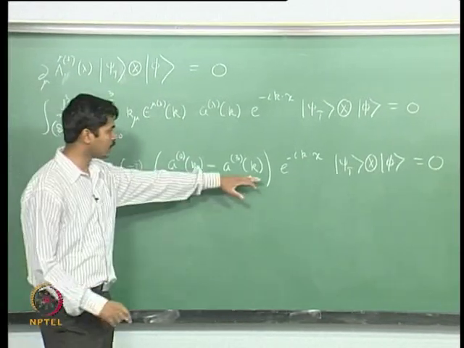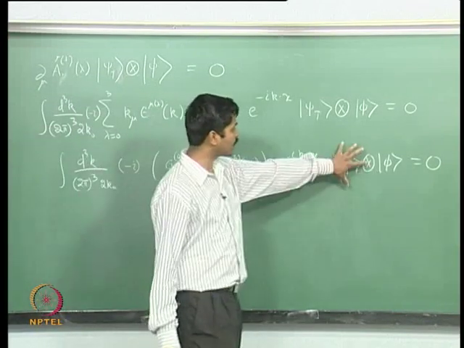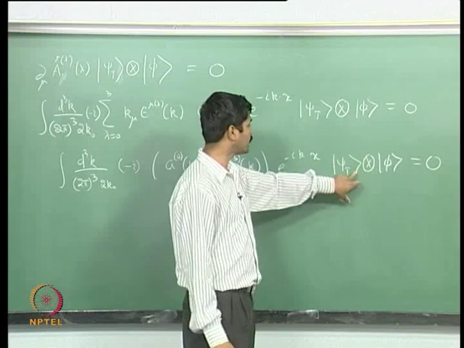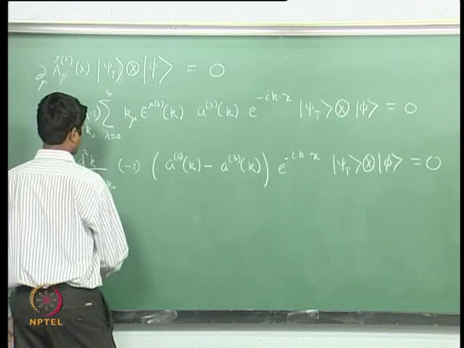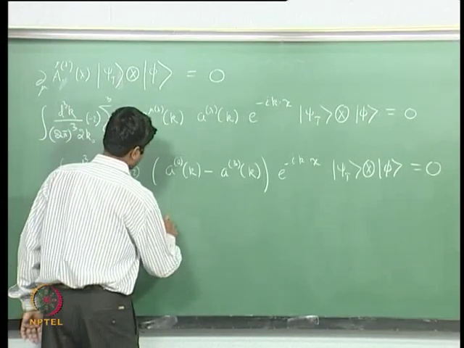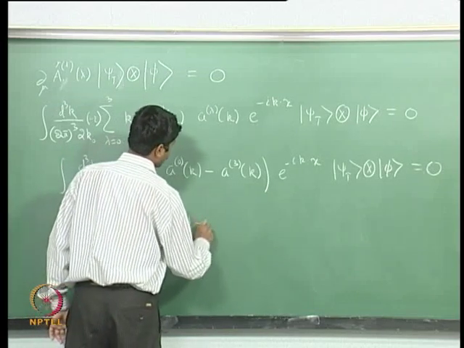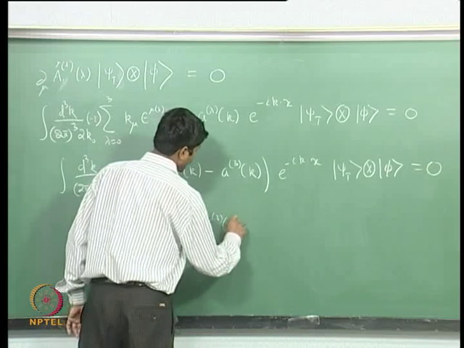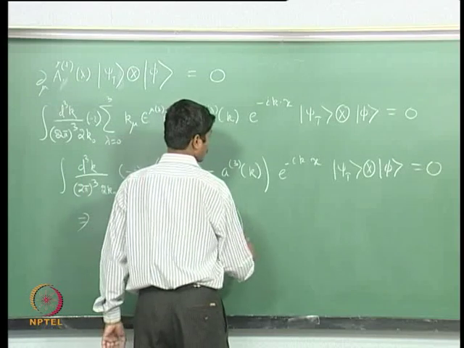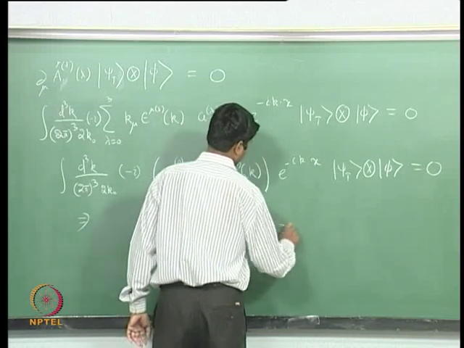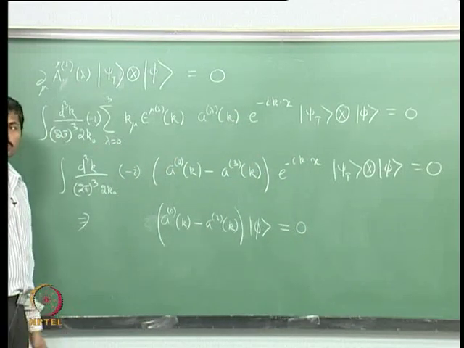Because this involves only the scalar and longitudinal polarization, it is irrelevant to consider the transverse part here. So, this simply implies that a0 k minus a3 k acting on some n particle state gives you 0.